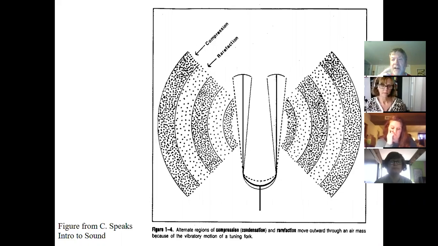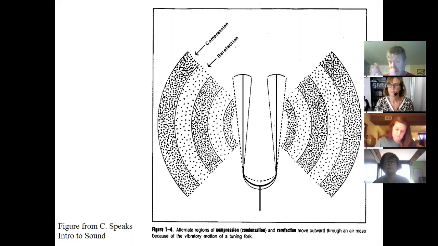The tree fell in the woods, or I dinged a tuning fork on my head. Whatever it is, doesn't matter. Sound is a propagated change in the density of the molecules, how close they are together. It's a change in that density of an elastic medium, of a medium like air that can be changed. It doesn't want to change, but you forced it to change.